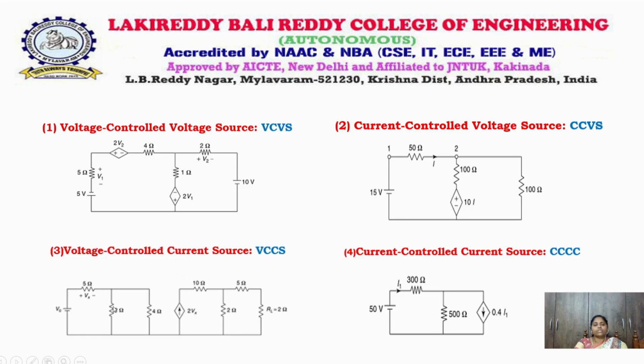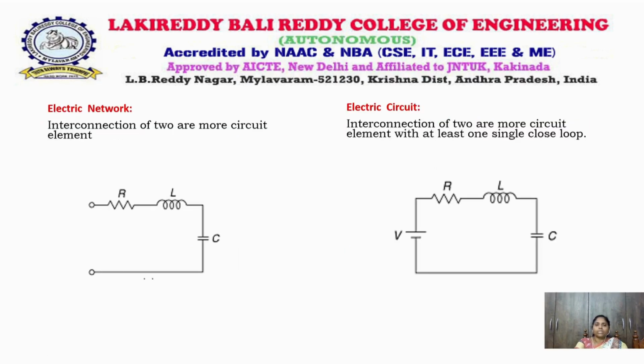Voltage controlled current source: here the current source depends on the voltage across a particular terminal. And current controlled current source: here the current depends on the current through some other element. So these are the different types of dependent sources, meaning their values are not independent but depend on one another.